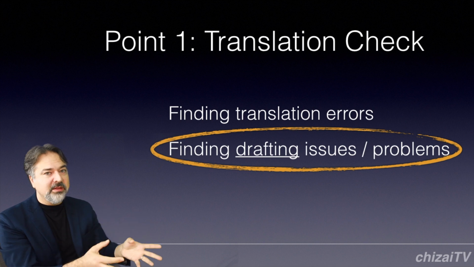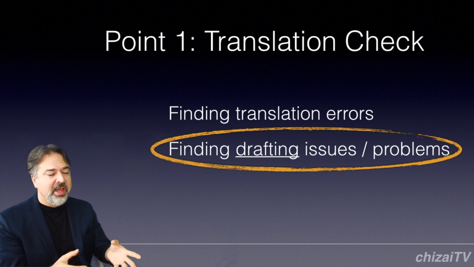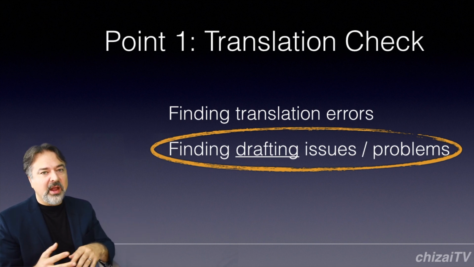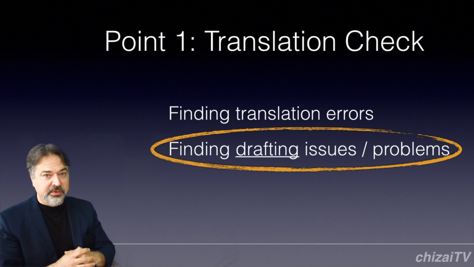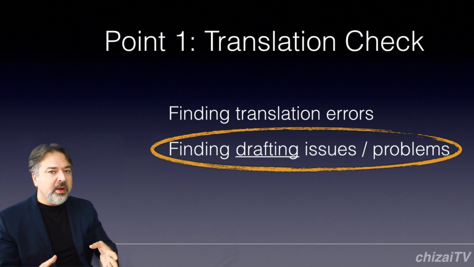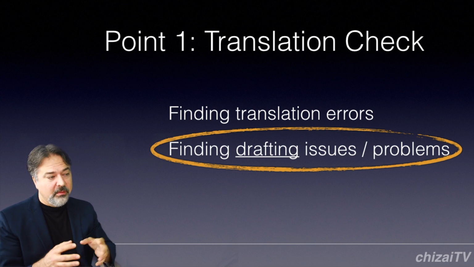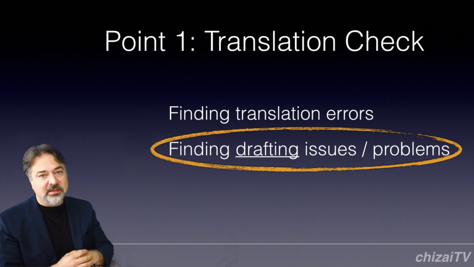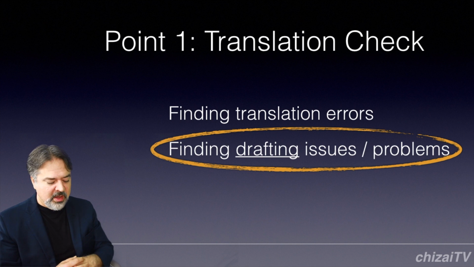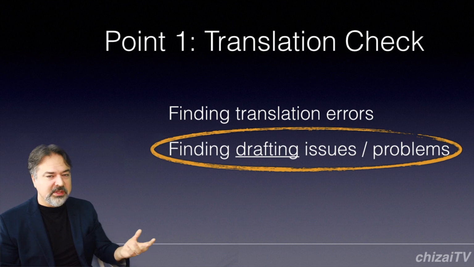But when you translate that Japanese to English, it doesn't fit exactly to the different rules in the United States. So what I want to help you do is adapt that application better for the United States prosecution. So in that regard, finding the drafting issues or problems is what I want to focus on.